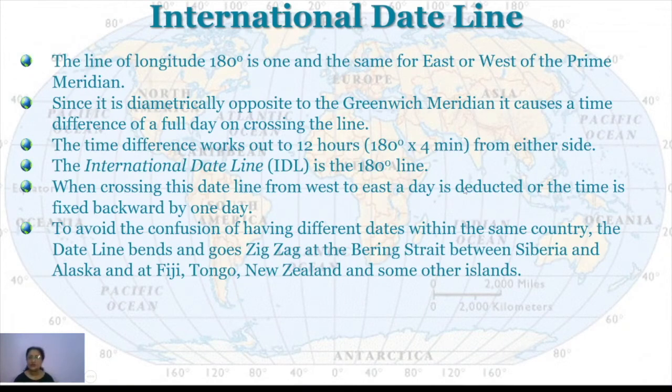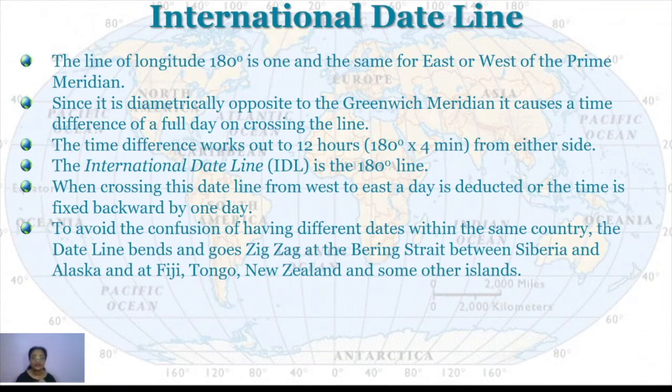And one more very important fact is related to the international date line. To avoid the confusion of having two dates on one piece of land, within one country, suppose there is a small island through which the international date line is crossing. We are going to have two different dates over that particular island.